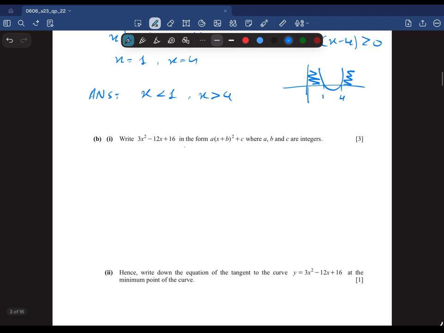We have to express this equation in the completed square form. So taking 3 as common again, 3x squared minus 4x plus 16. This would be equal to 3x squared minus 4x. You add the square of the half of x's coefficient, and you again subtract it so that the entire equation does not change.